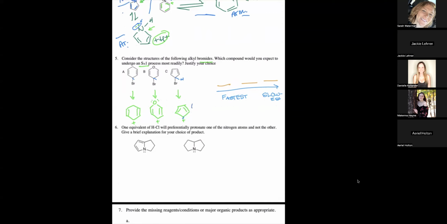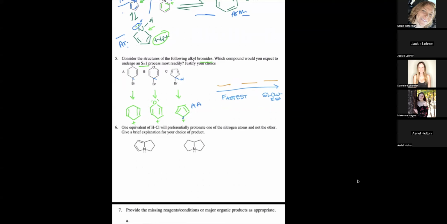Remember, this was sp3 hybridized. All of these are sp3 hybridized, and so this doesn't have any electrons to donate to it. So this is, did I say non-aromatic or anti-aromatic?